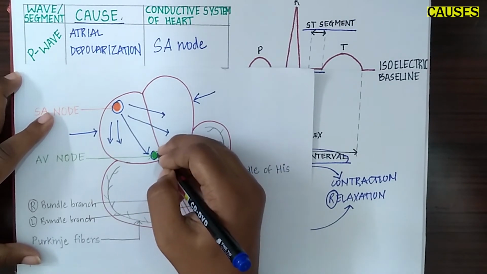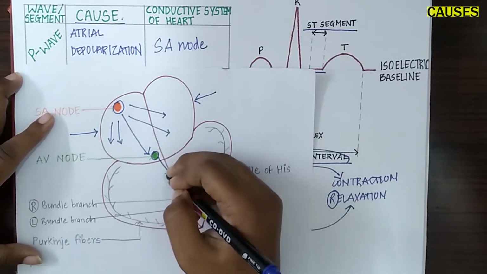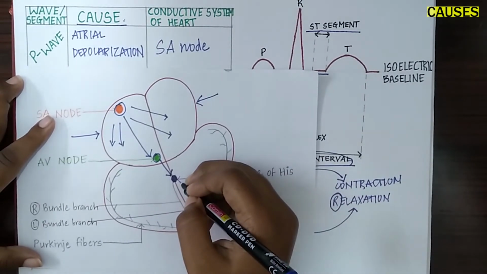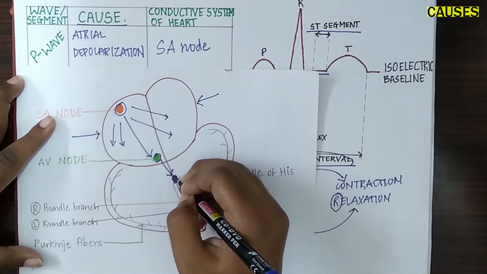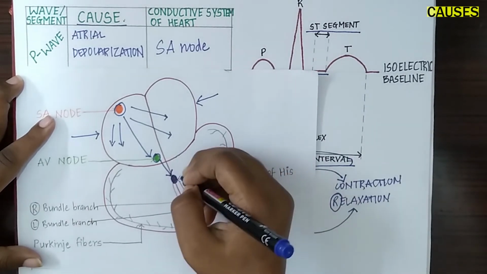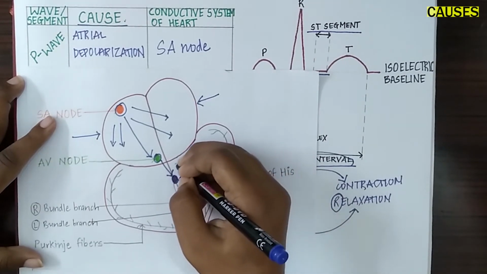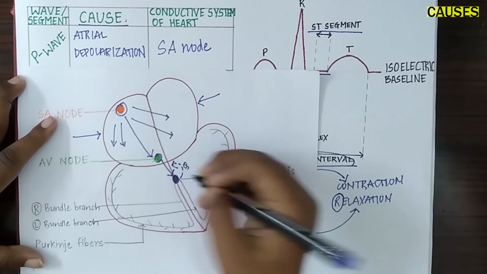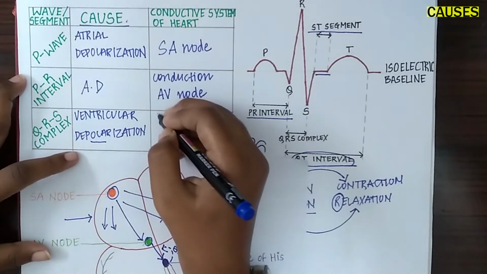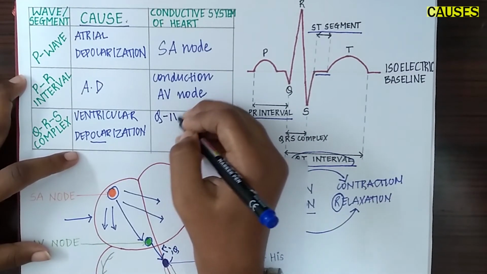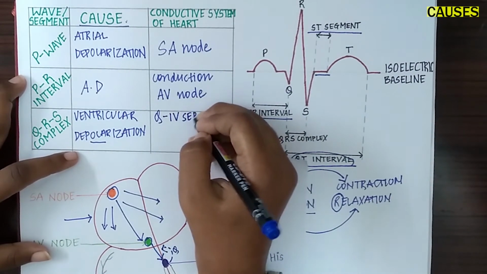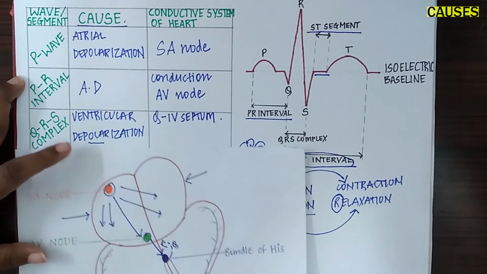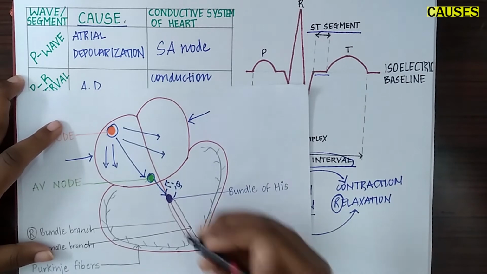From AV node, impulse travels to bundle of His. From bundle of His, the impulse first travels to the interventricular septum, which gives rise to Q wave. So Q wave represents impulse to interventricular septum.